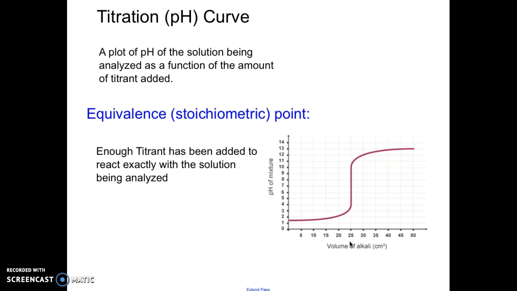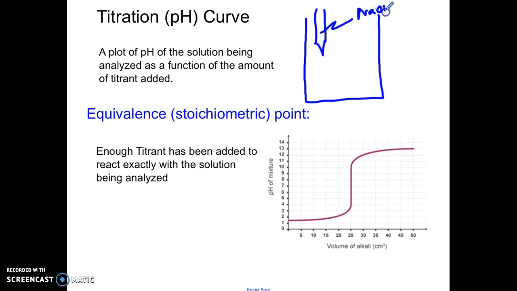So what I want to start out with here with pH curves is to point out that typically you have a beaker, and here is your burette. In your burette you might have a strong base like sodium hydroxide, and what you have in your solution might be a strong acid like hydrochloric acid that completely dissociates.